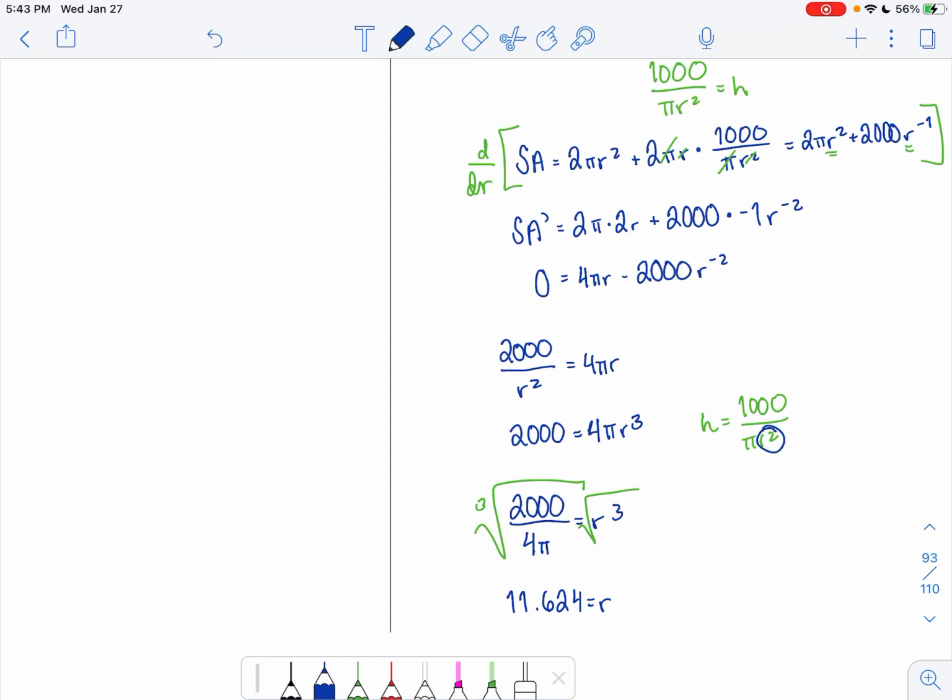So I'm just going to use my calculator, use the answer key to plug in r squared, since we just learned that r is 11.624 centimeters. Type that in, 1,000 over parentheses pi, and then answer squared, and I get that the height is equal to 2.356 centimeters.